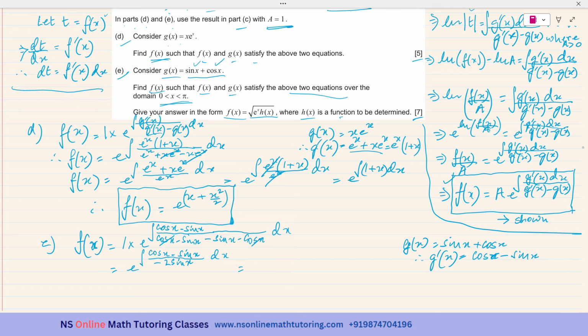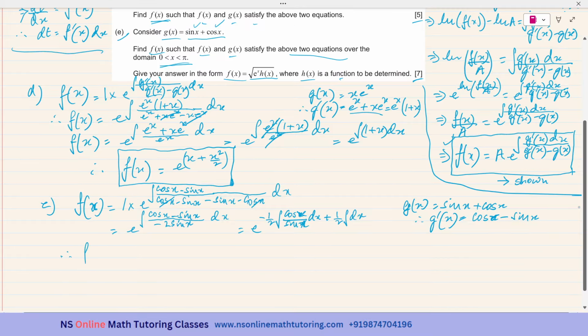So this is equal to e to the power of negative half integral of cos x over sin x dx, and plus half. Yeah, this minus sign and this minus sign will be cancelling. So plus half, and sin x will also be cancelling. So it is integral dx, 1 dx or dx.